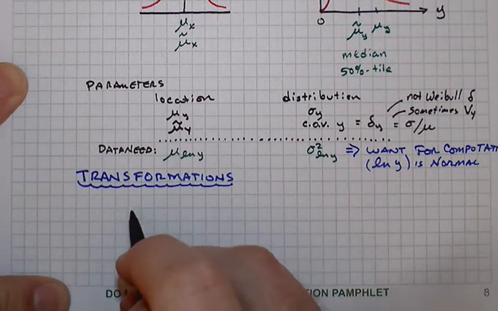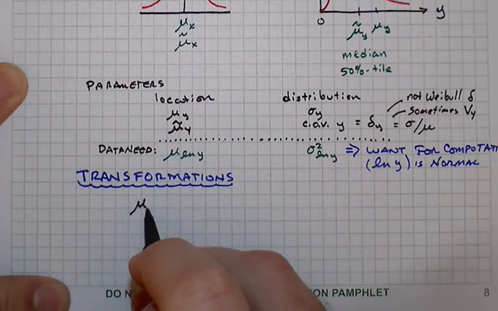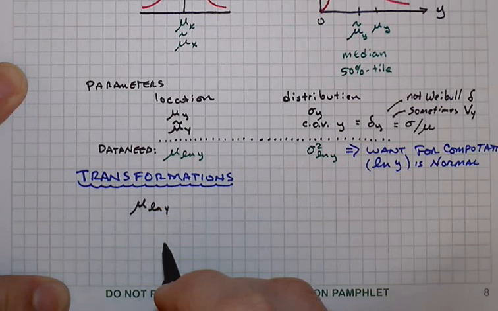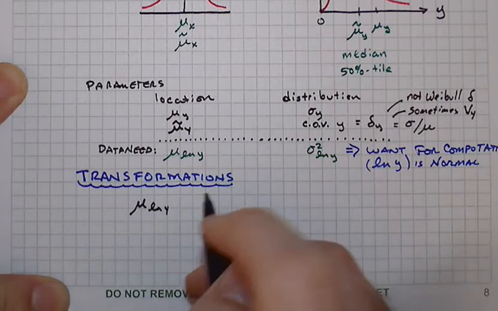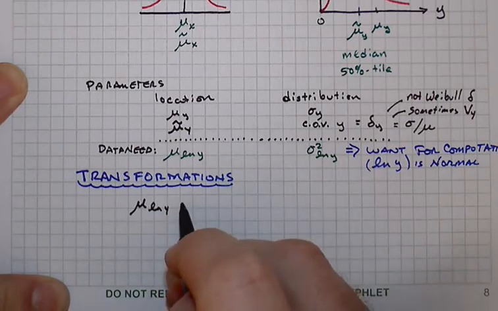Right, so one of the things that we're going to need is the mean of the natural log of y. And remember, the expected value of a function is not the function evaluated at the mean, and that's the case here. There are two very simple direct results that we get for the mean of the natural log of y.